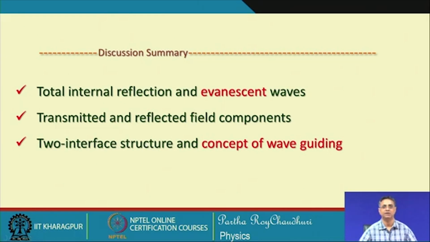We evaluated the field which will be confined within the two interfaces, and also the field which will be outside the interfaces, and all of them put together will give you a wave which will be guided through the structure by the two interfaces. So, that gives rise to the concept of how optical waves can be guided through such interfaces. We will continue our discussion with guided optical waves on the next occasions.